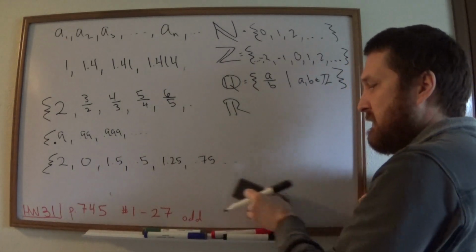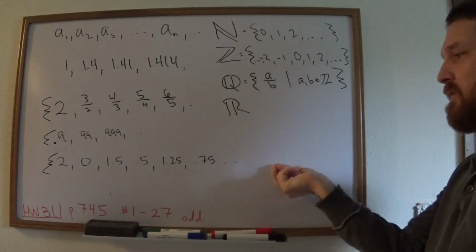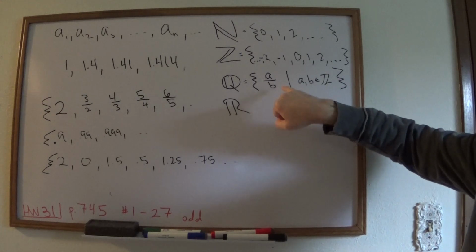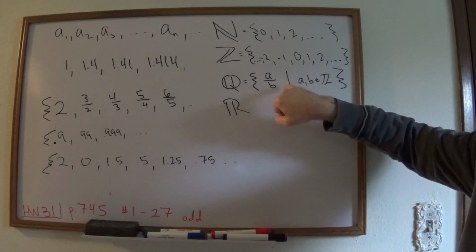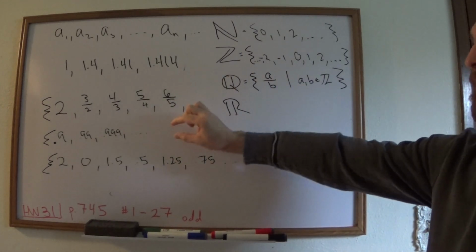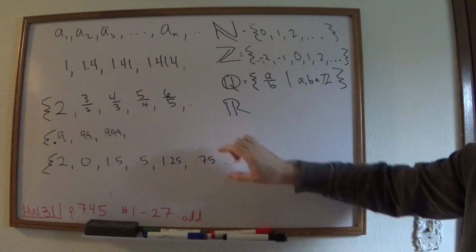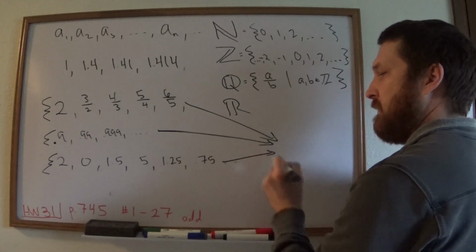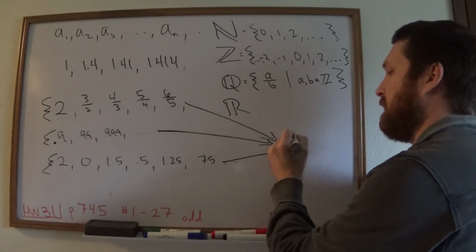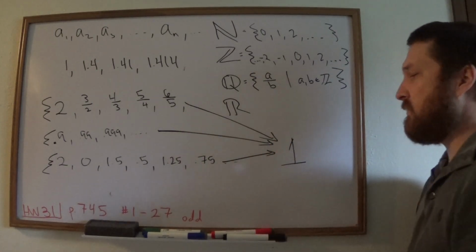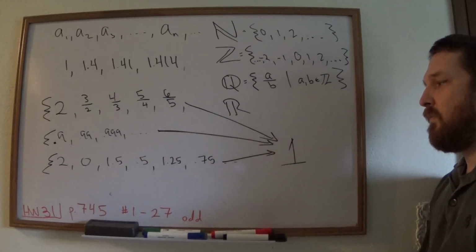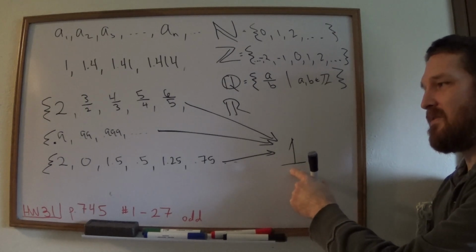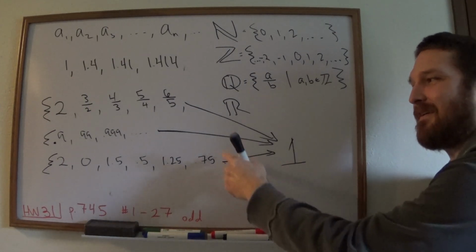Every infinite sequence that converges, and since we've now defined what these are, we're taking infinite sequences of rational numbers, they all converge to the same number, which is 1. And so then in the real numbers, we say that the number 1 is the set of all sequences that converge to 1.